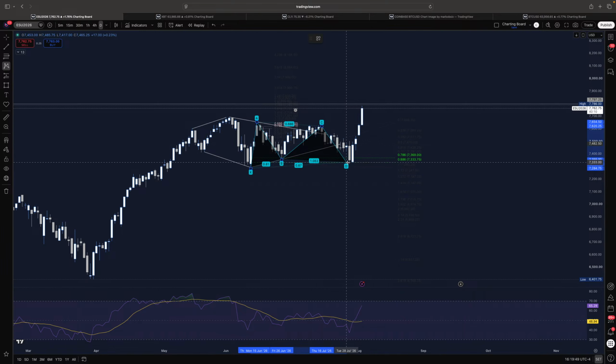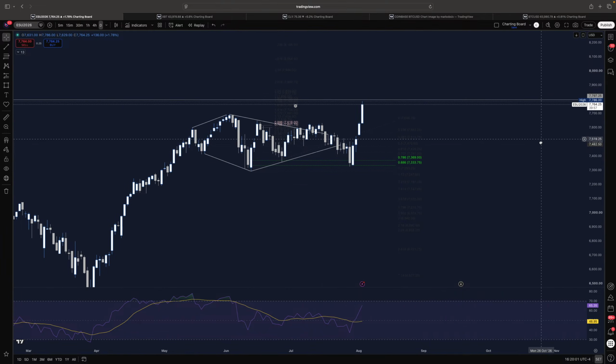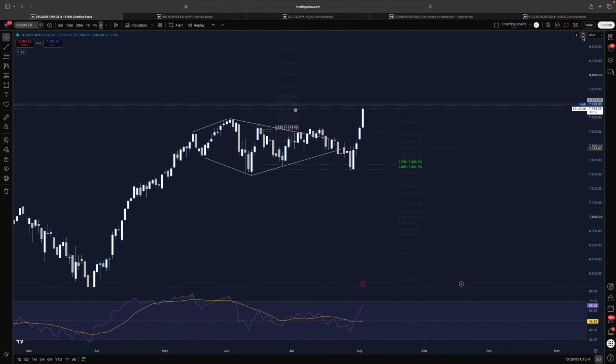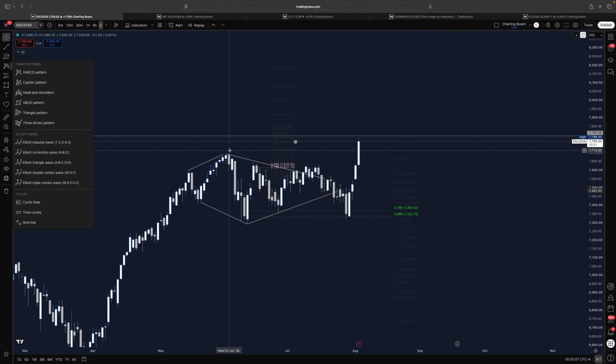However, major fake out on the S&P 500, buyers defended the 0.886 at the 7,300 region and majorly bounced from those levels. So as of now, all I can monitor is the pending bearish deep crab pattern on the daily, okay?